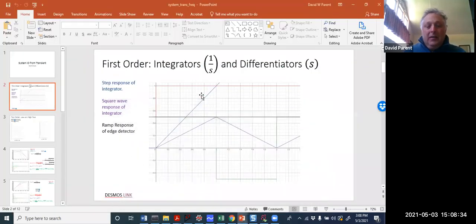But really, low pass filters, when you're in the roll-off part of the transfer function, are actually acting like integrators, and high pass filters, when the magnitude is increasing, let's say 20 dB per decade, are acting like a differentiator. All right.